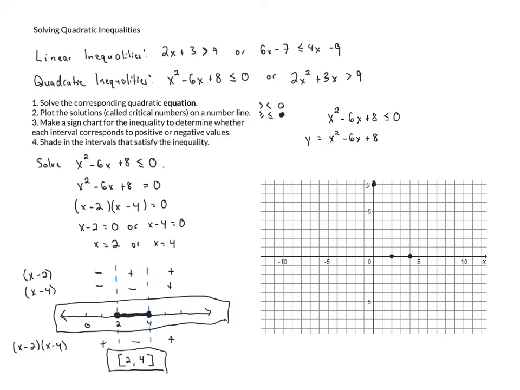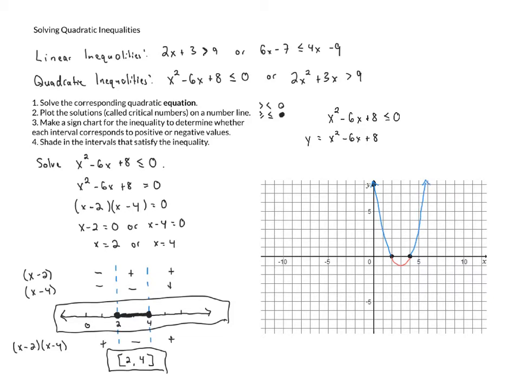So I'm just going to do a very quick sketch of this parabola. And I'm actually going to do it in a couple of colors, and I will explain why in just a moment. But let's sketch this. We know it's going to go down, and then I'm going to switch colors just for a moment. And then it's going to be going back up. We know the graph is going to look like that.